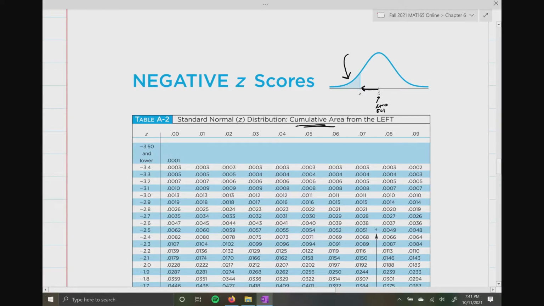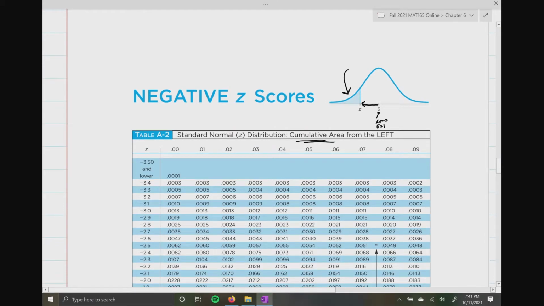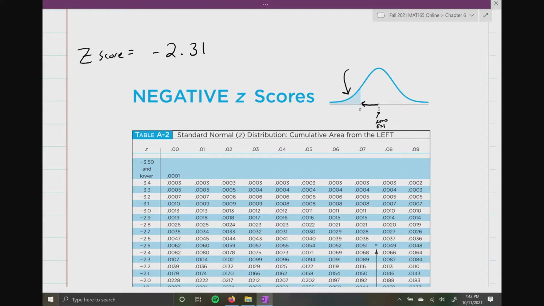So let's just say I wanted to find a z-score that is equal to negative 2.31. Okay? So in order for us to do this, I'm going to use my highlighter here so you can see what I'm talking about.